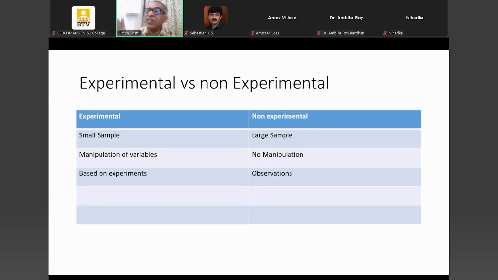So I'm just taking consumption of tea, life expectancy. Life expectancy, I'm saying, is dependent on the consumption of tea or consumption of coffee. So the dependent variable is life expectancy, and consumption of tea or coffee is independent.